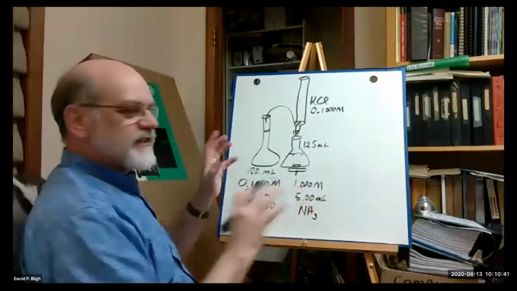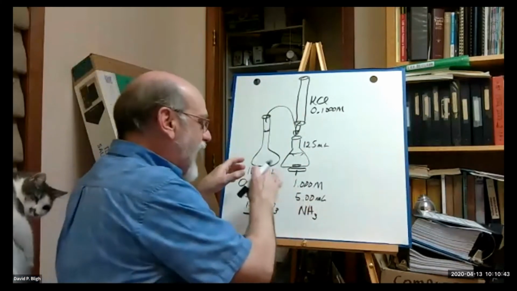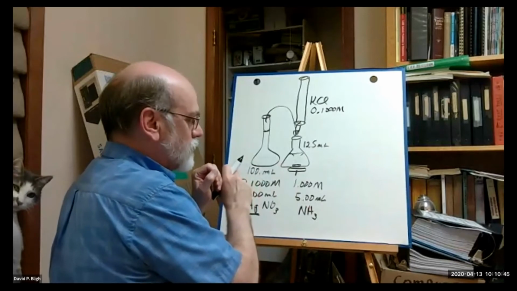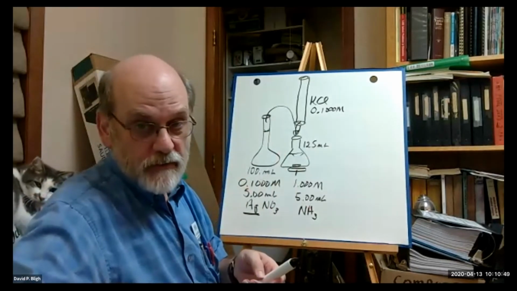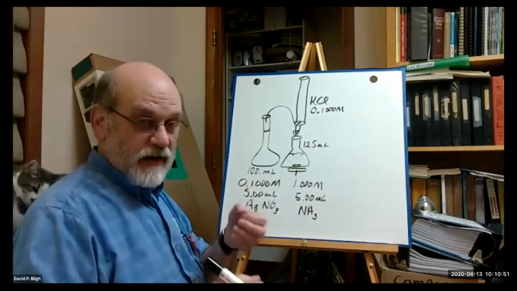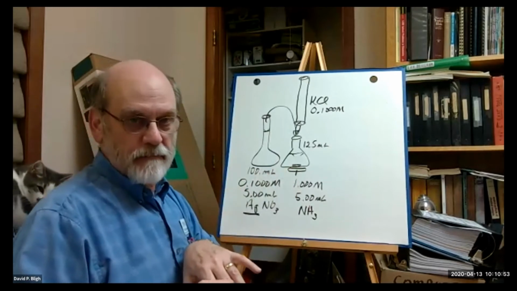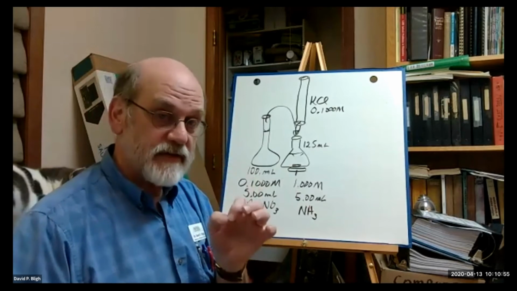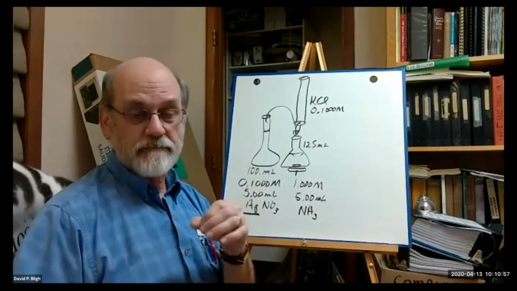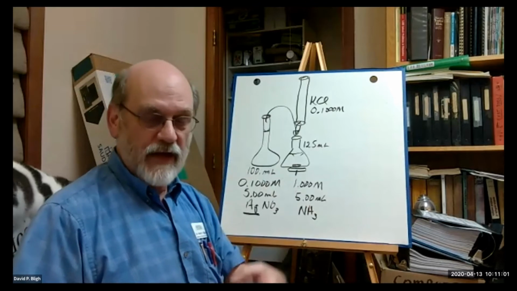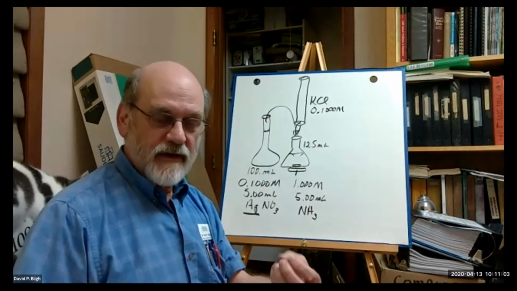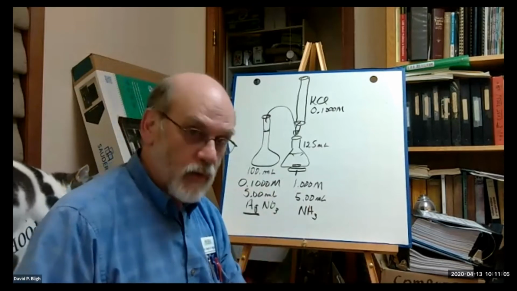So what is the Tyndall effect? Well, as you do the titration, you'll notice periodically something develop and then go away. Remember when we did acid-base titrations? Right? It was clear to start with, but with the phenolphthalein in there, as you added the base, the pink color developed and then went away.